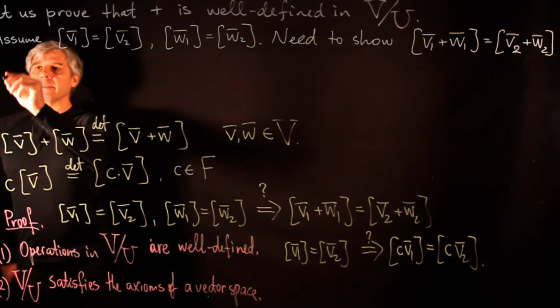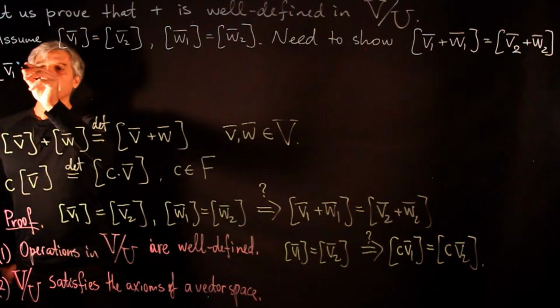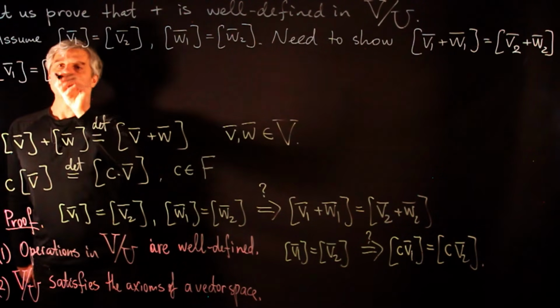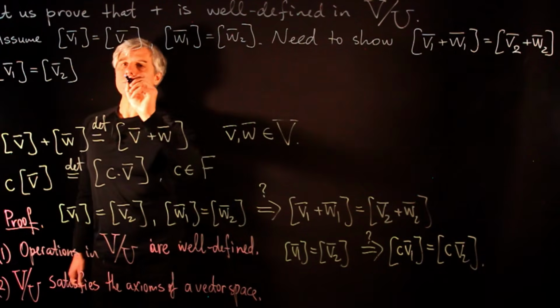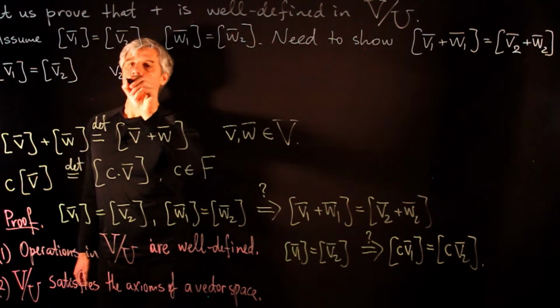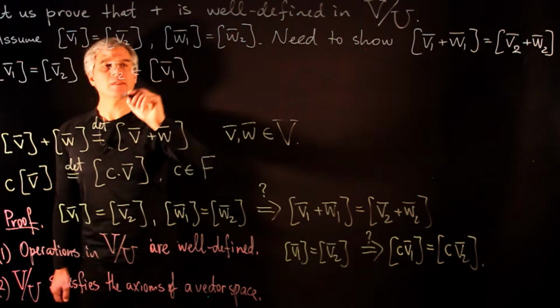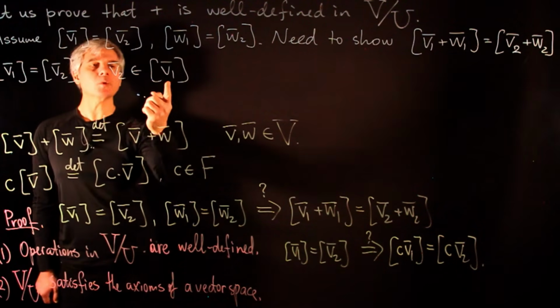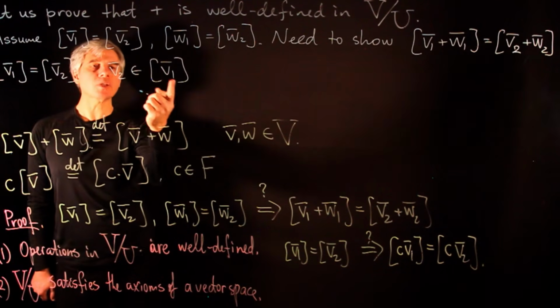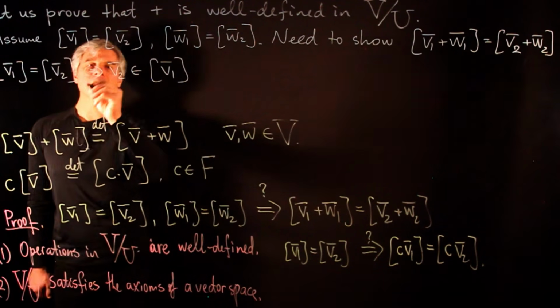Now, what does it mean that equivalence classes of v1 and v2 are the same? This means that v2 belongs to the equivalence class of v1. And if we say this, we will conclude that these two equivalence classes overlap, and thus they coincide.